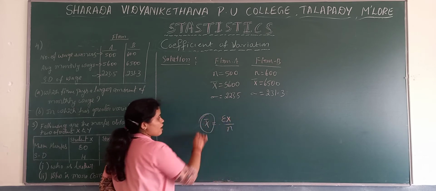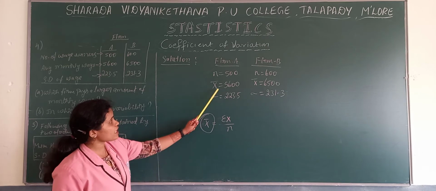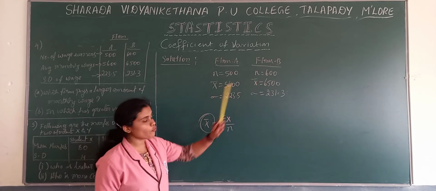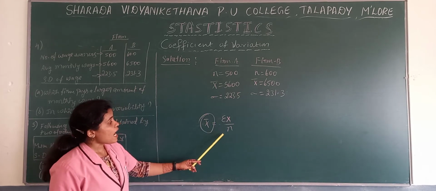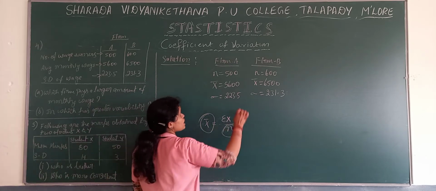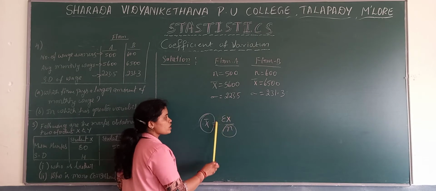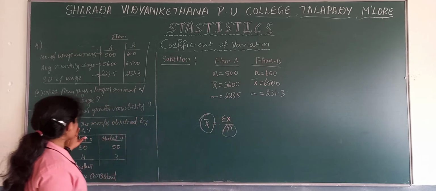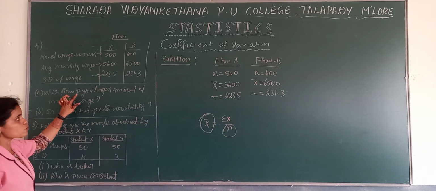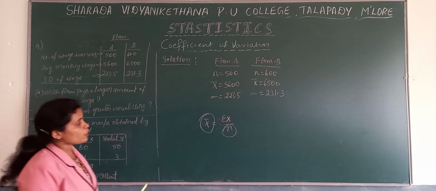This is the average wage which they have given. The average is given for both companies, and the total number of workers is also given, 500 and 600. They have asked what is the total number of wages, and which firm will provide more wages?